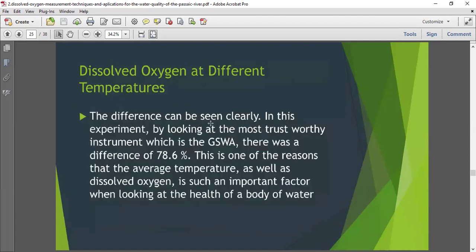The difference can be seen clearly in this experiment with the most trustworthy instrument, where there was a difference of 78.6%. This is one of the reasons.